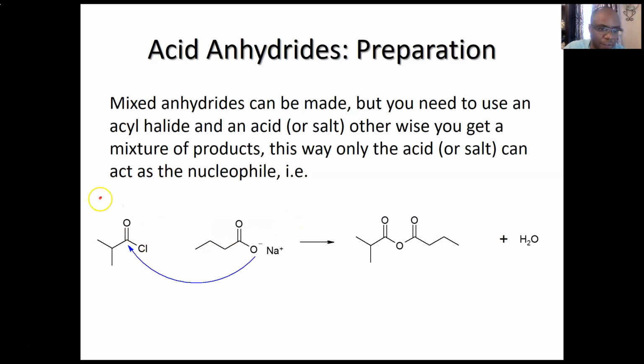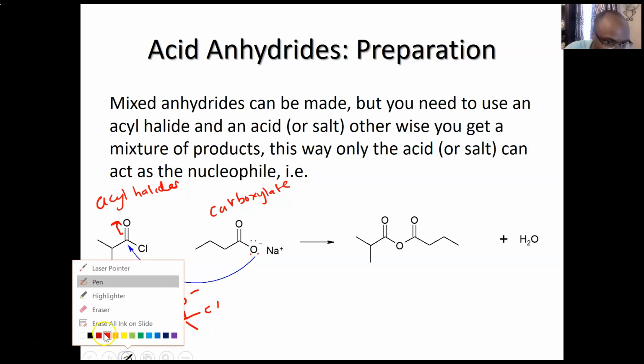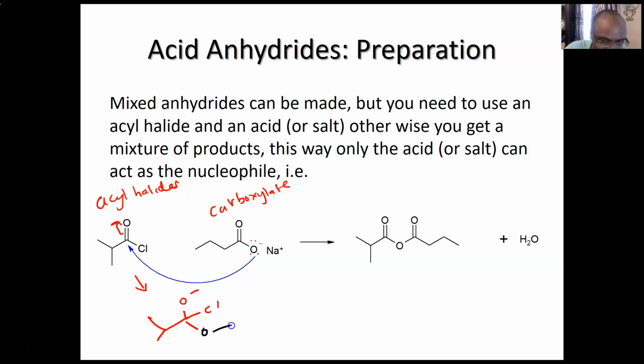So alternatively, you can use acyl halides. Instead of using a carboxylic acid, you use a carboxylate, which is a better nucleophile. If this attacks the carbonyl and the pi bond opens up, you'll get a tetrahedral intermediate, of course, and the other part comes with its carbons.